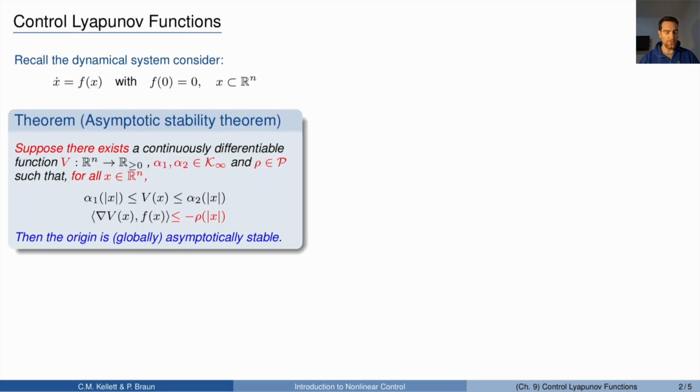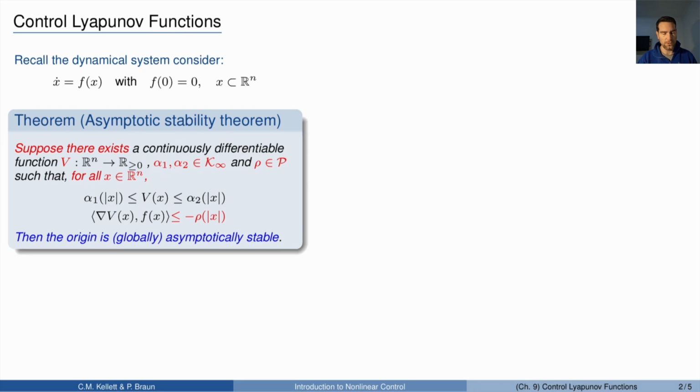So what we've seen so far in terms of Lyapunov functions were Lyapunov functions characterizing asymptotic stability of dynamical systems of the form x dot is equal to f of x. So systems without input. Without loss of generality, we have assumed that the origin is an equilibrium. And then a Lyapunov function is a function V, which is continuously differentiable.